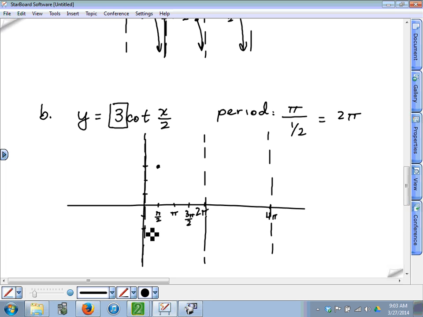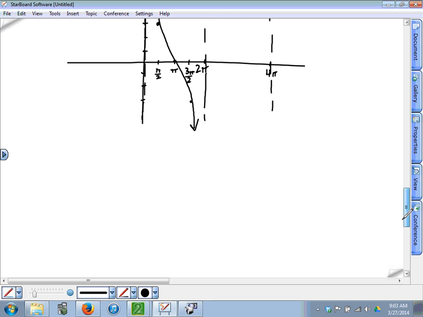At 3 pi halves, you're at a distance of -3. So that's how you use that. It's not an amplitude, but it still does affect the graph vertically. It stretches it up. Okay. Let's do cosecant.